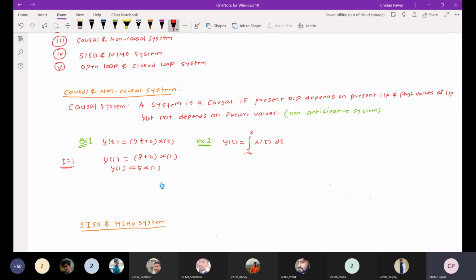The output depends only on the present value of the input. So we can say that this system is a causal system.